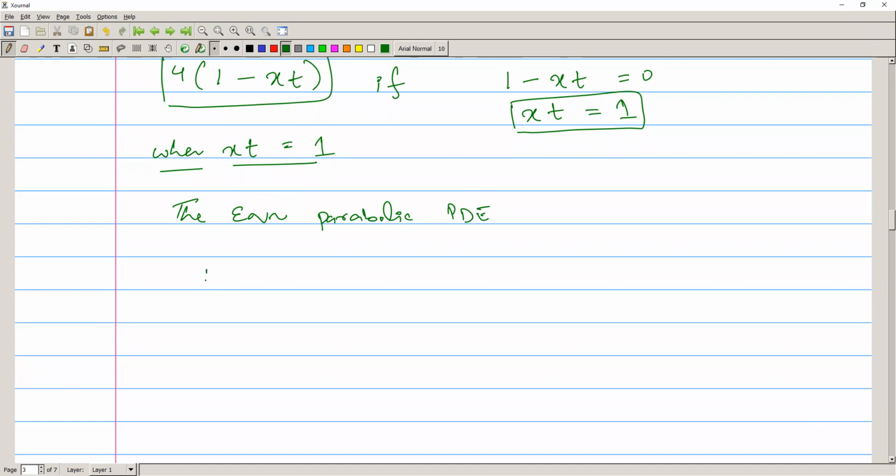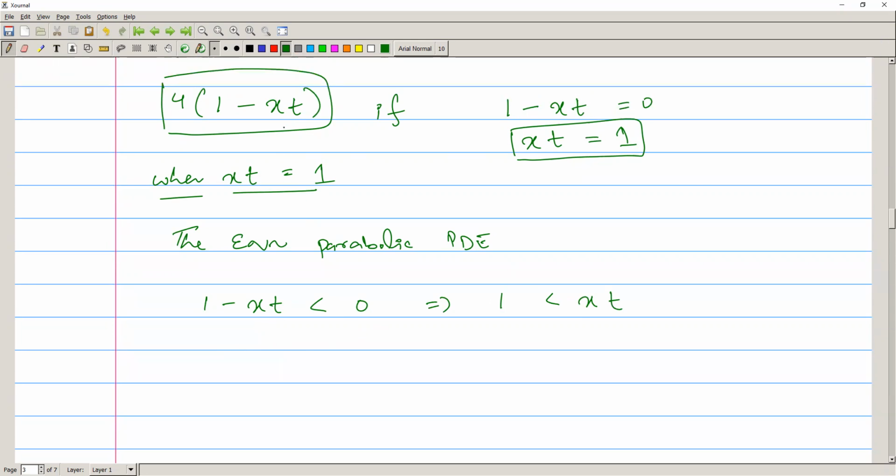Now, what if 1 minus xt is less than 0? What does it mean? It implies that 1 is less than xt. It means that xt is greater than 1. So if xt is greater than 1, what will happen? 1 minus something greater than 1 will make it negative.